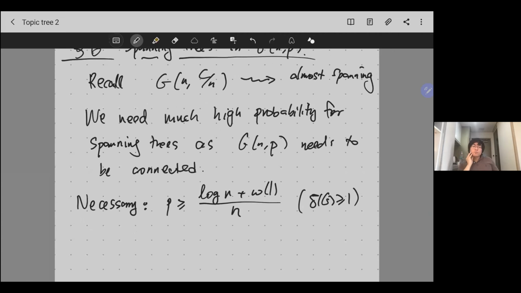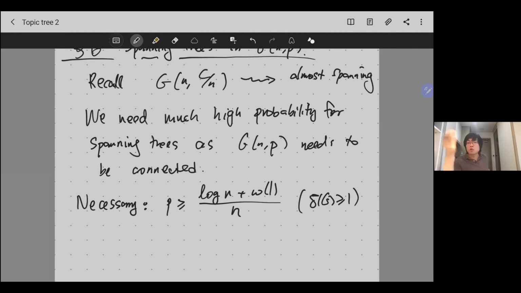It's a good time to point out that this is kind of a local-global phenomenon, right? When you don't have the local obstruction, then you get some global structure. For example, here, when we stop seeing isolated vertices, so the minimum degree becomes at least one, it's not a sufficient condition for the graph to be connected, but this is obviously an obstruction. When this obstruction disappears, when you don't have isolated vertices, then almost surely, with high probability, the random graph becomes connected.